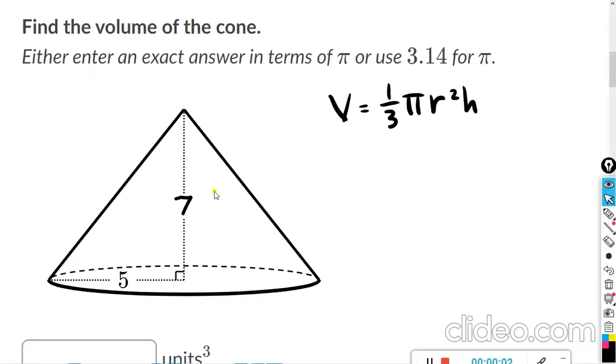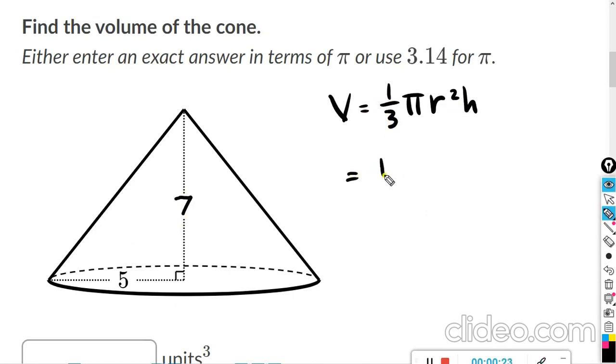I wanted to do one more because students were asking me what happens if the number is not divisible by 3. Most of them are, but I changed the number on this one to show you what will happen. Here's our volume of the cone formula.